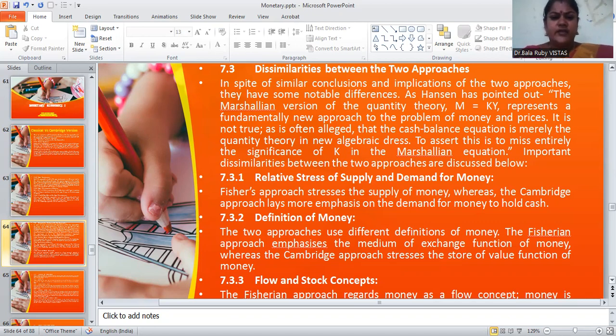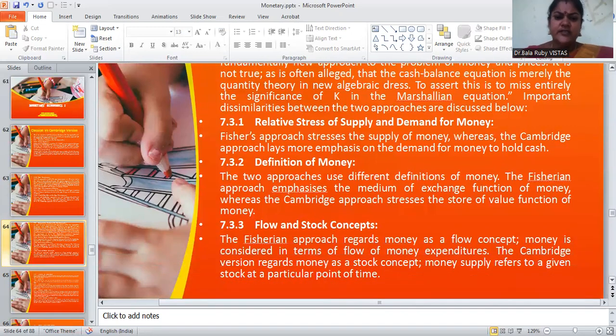These two approaches use different definitions of money. The Fisherian approach emphasizes the medium of exchange function of money, whereas the Cambridge approach stresses the store of value function of money.